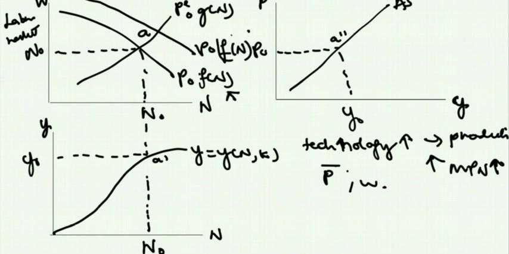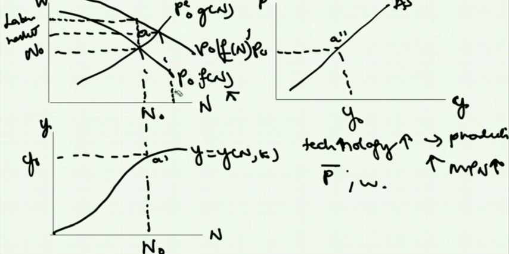Okay? So we have new MPN here. So of course, nominal wage increases, employment increases here, isn't it? N1. Okay? But if we maintain the same employment level at N0, then we are here. Okay, let me erase the keyword here.